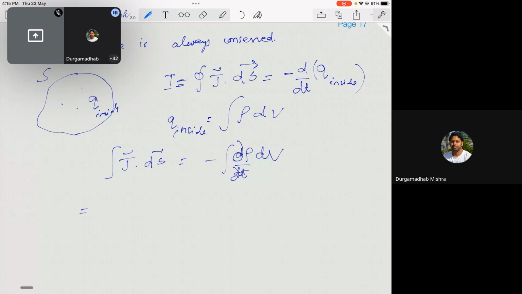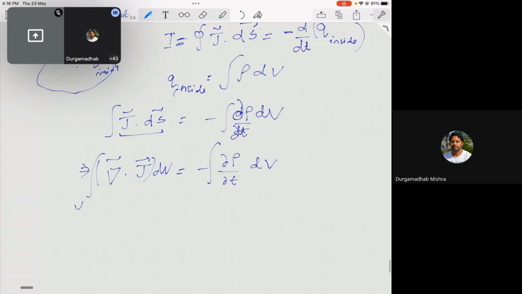Now if I use the divergence theorem here, I get del dot J over the volume. We are converting this surface integral to a volume integral. So, with the volume enclosed by the surface, it will be equal to the integral of del rho by del t dV.